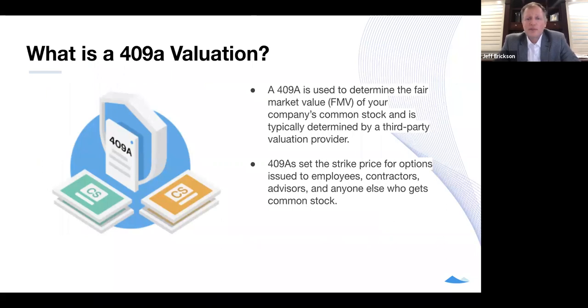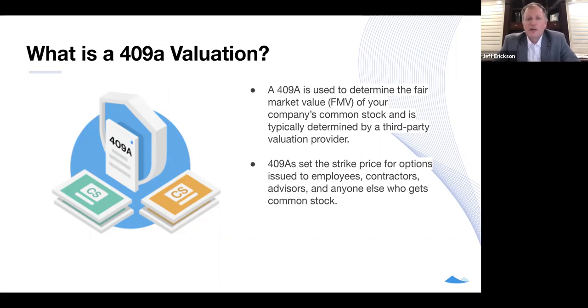The other concept when it comes to stock options is that you're giving your employees or your advisors the right to purchase your stock at a strike price. And in order to come up with that strike price, often you'll do what's called a 409A valuation. 409A refers to the section of the IRS code where the IRS says, we want you to use a third party to validate what the valuation of your company is when you're issuing these stock options.